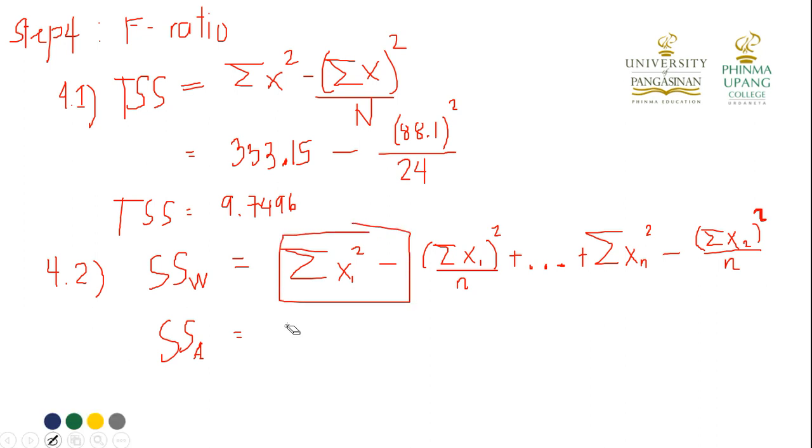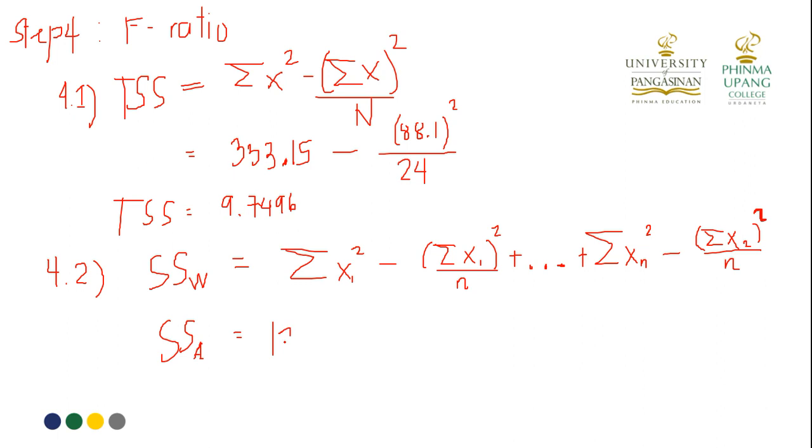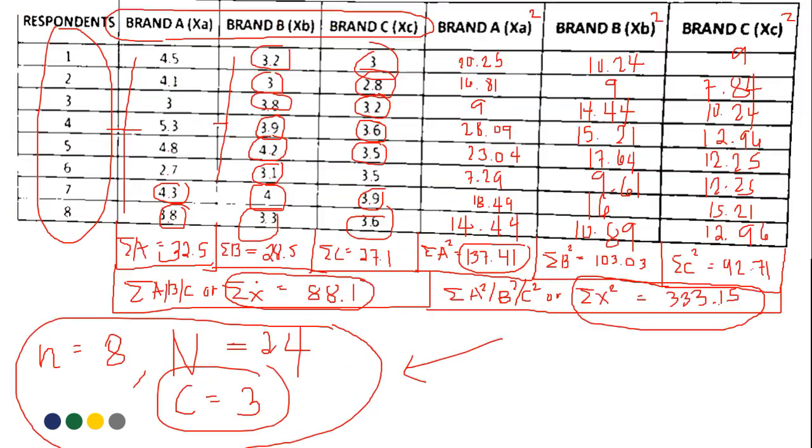Wait lang ha. Erasin ko yan, baka malito kayo eh. Yung summation ng x, yung brand A ng x A squared is 137.41. So, 137.41 minus yung x sub 1 natin.